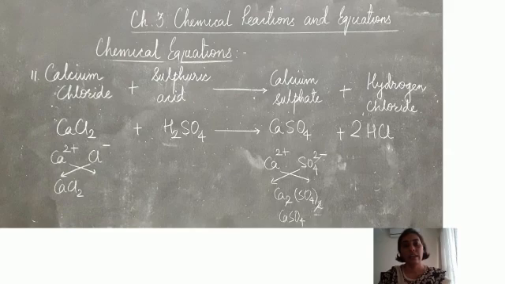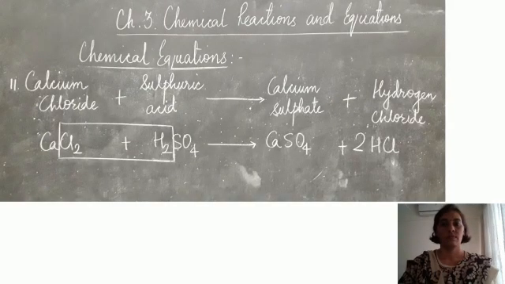Let's go to the last slide for today, and let's see what it has. So finally we are at the last slide. In this I have just shown you how we can predict the products. For the previous slide, the same reaction is given.